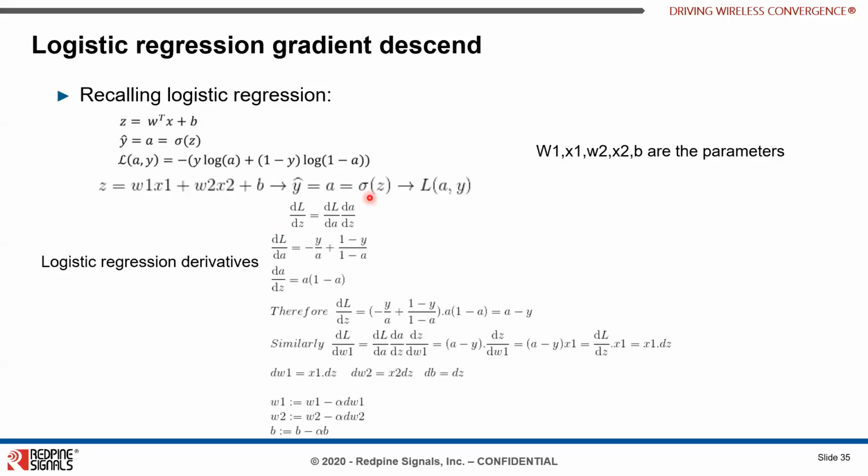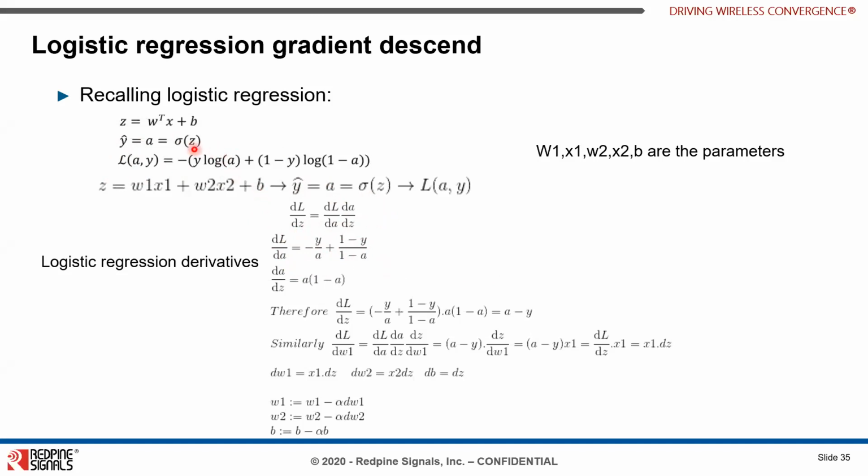Just recall the chain rule of differentiation in calculus. We know dl dA: because L is the loss function, if you take the derivative with respect to a, you will get this. Try it out at home in your free time, and you'll find it more interesting. So dl dA is basically minus y by a plus 1 minus y by 1 minus a.